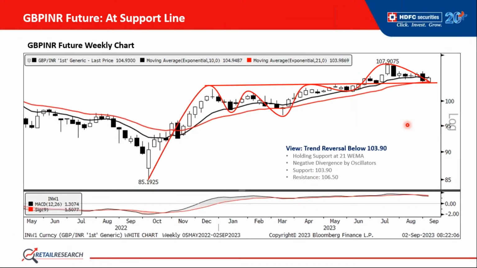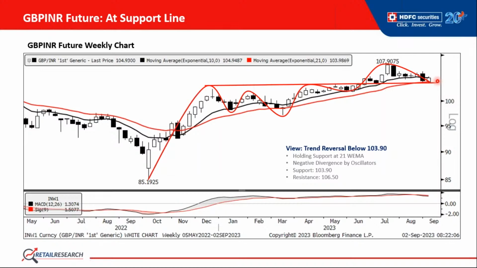Just like the Euro INR is near the support line, the GBP INR is also on a support line. As you can see from the chart, since September-October it has rallied, but then we saw 5-7 months of consolidation. Again, we headed to a new high. A throwback, or you can say a pullback, has been seen in the last few weeks, but it managed to hold the support line.